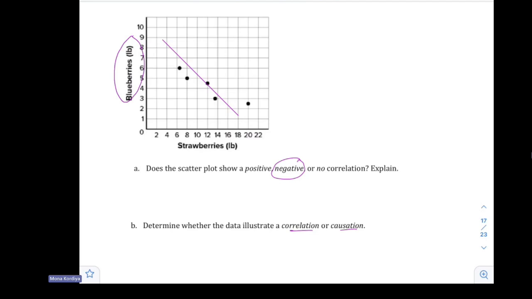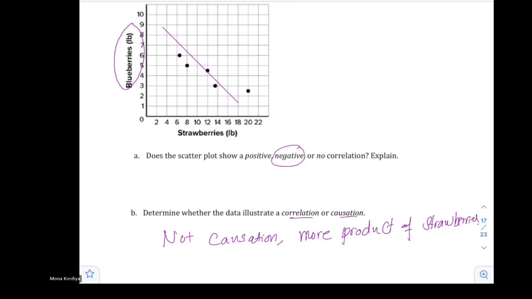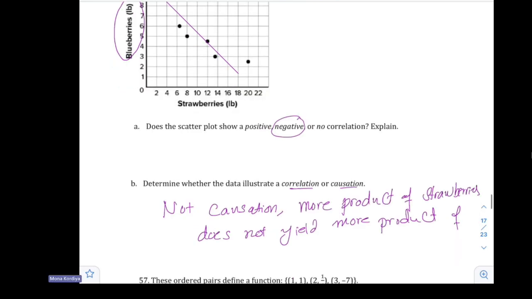causation. It's causation, but actually it's not. So it is not causation, because more product of strawberries does not yield more product of blueberries.